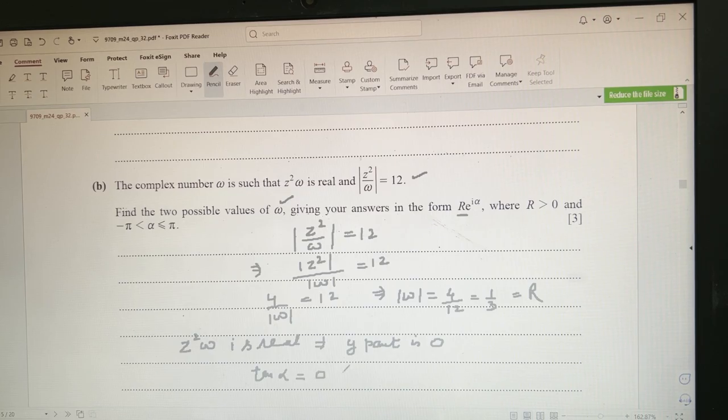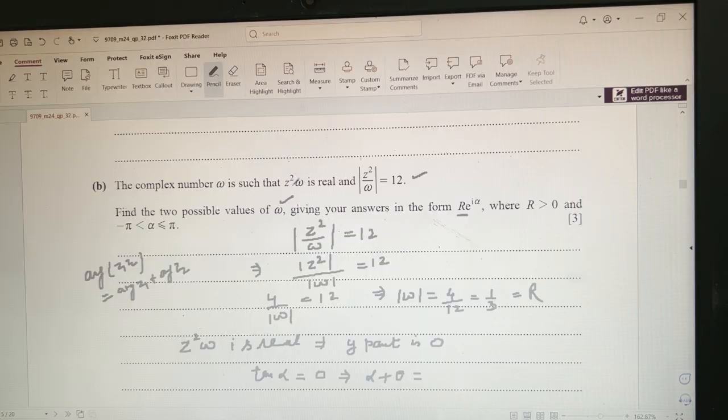Tan alpha can be 0 in 3 possibilities. We can take help from the previous part as well. We can say that alpha plus theta, because it is the product of z square and omega, so their arguments add. We know this property that the argument of a product z1 z2 is the argument of z1 plus the argument of z2.